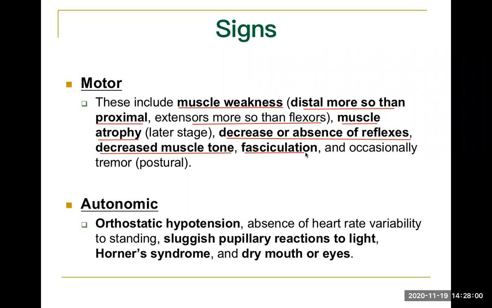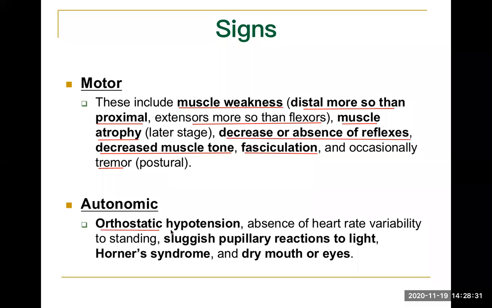There is fasciculation or twitching of the muscle fibers, and occasionally there may be tremor as well, but tremor is not an important feature of peripheral neuropathy. All of these are important features of lower motor neuron lesion. So if a student still doesn't know the features of lower motor neuron lesion, please follow these.